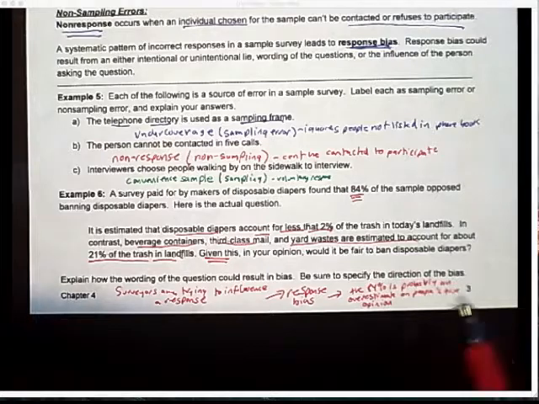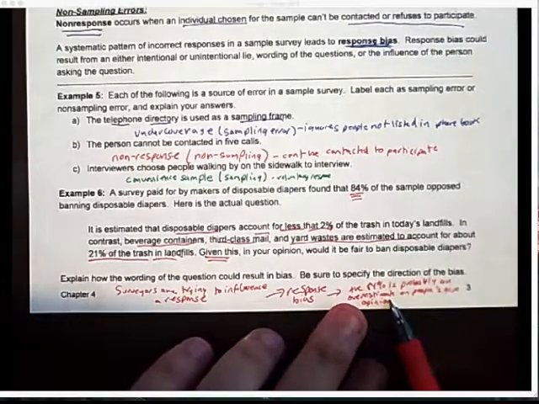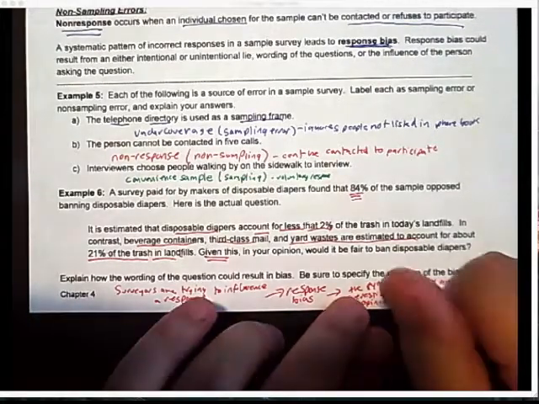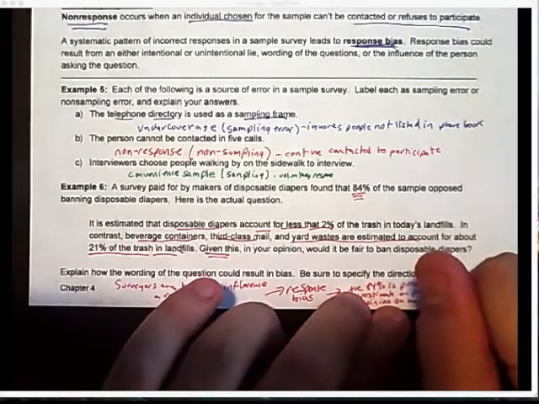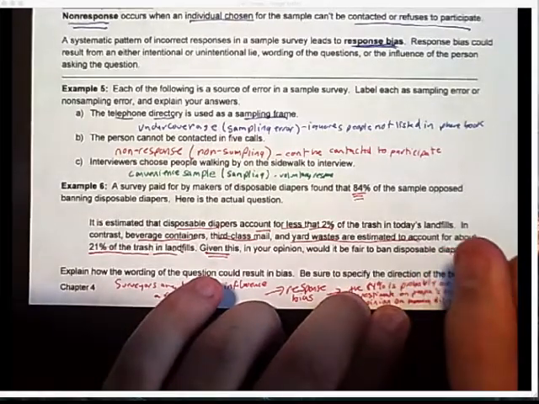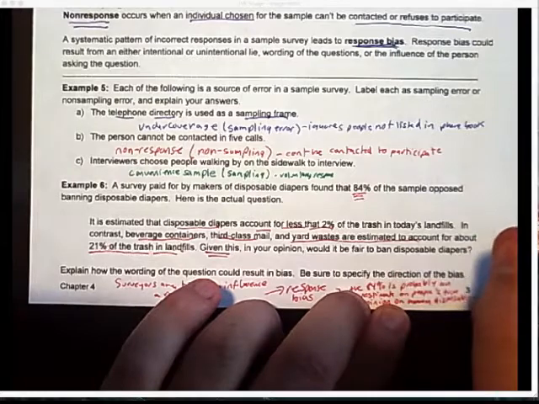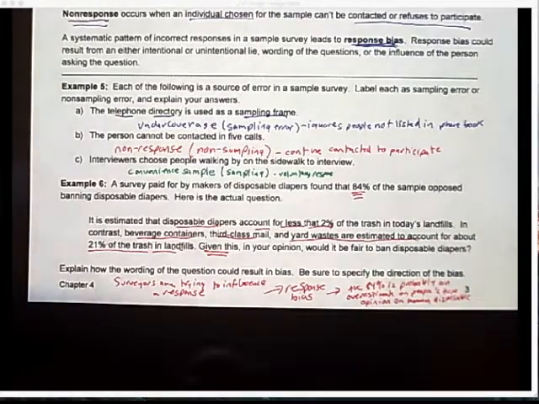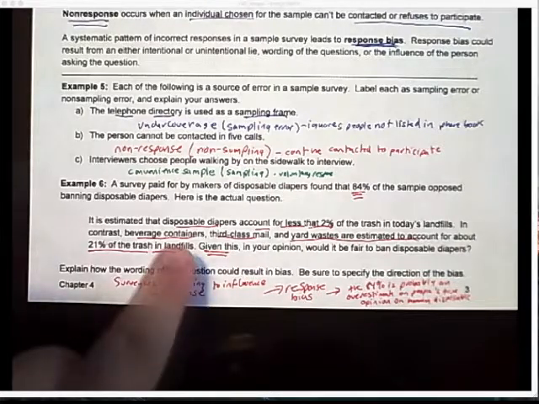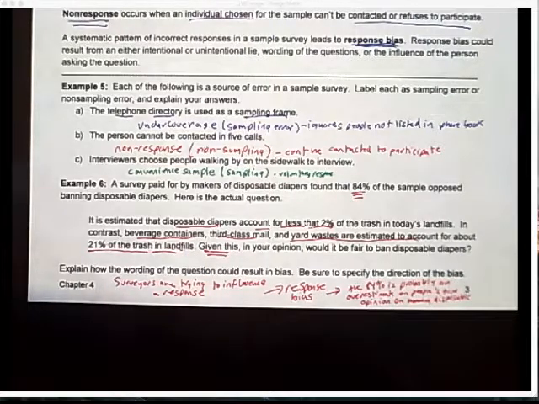All right? So the 84% is probably an overestimate of people's true opinion on banning disposable diapers. It's probably lower. Probably fewer people really oppose it. But the way the question's asked, they're trying to get you to answer a certain way.